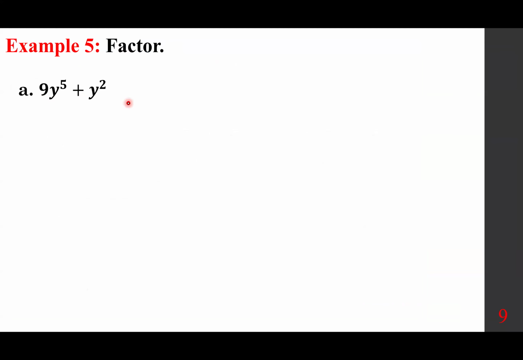We want to factor this, and remember the very first step is to take the common factor, which is y squared. If you want to take a couple of steps, we would say, okay, this is y squared times what? Times 9y cubed.